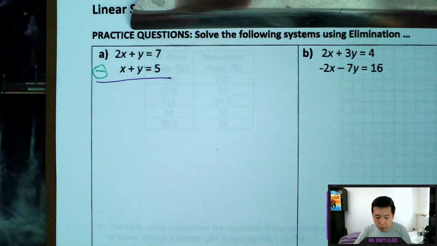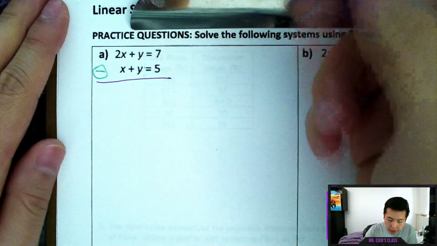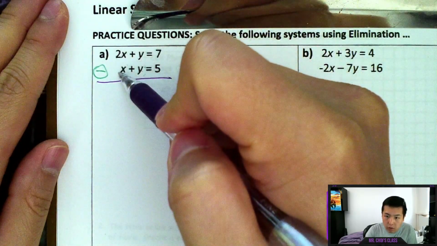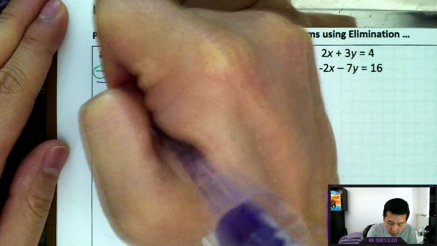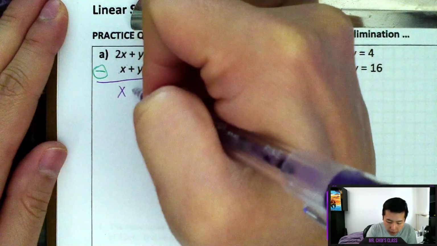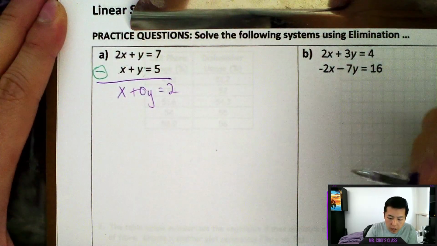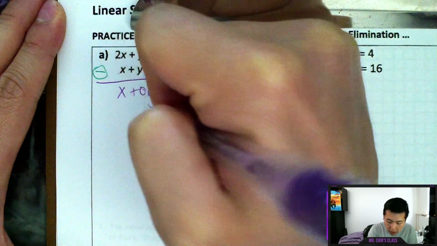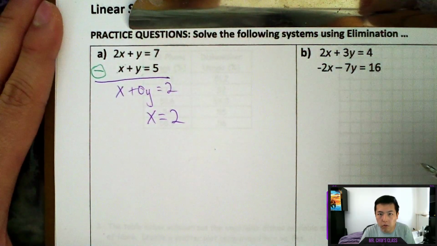Okay? So when we subtract, 2 minus 1 gives me 1 with just x. Y minus y gives me 0y. And then 7 minus 5 will give me 2. In other words, we're going to just get x equals 2.